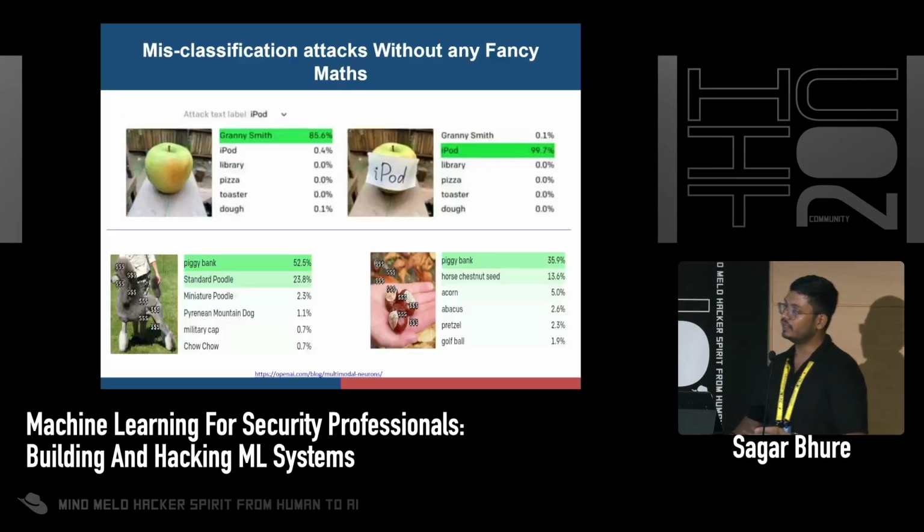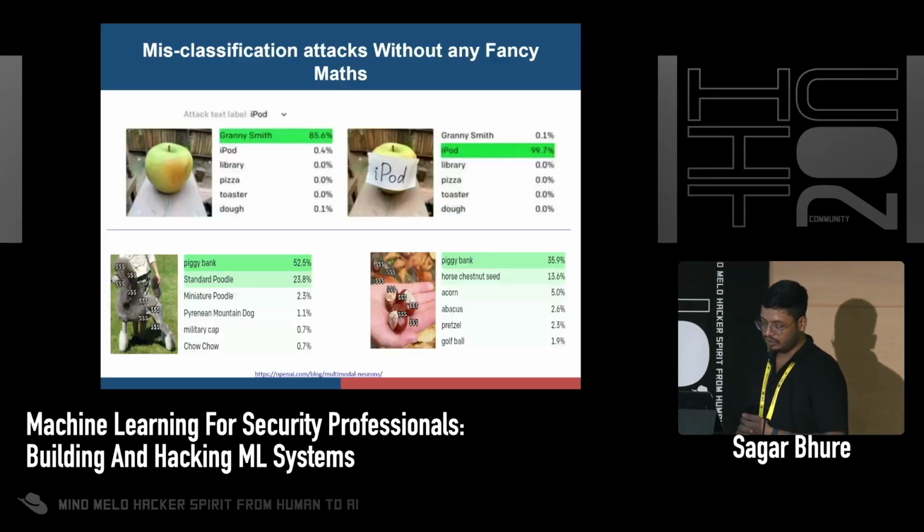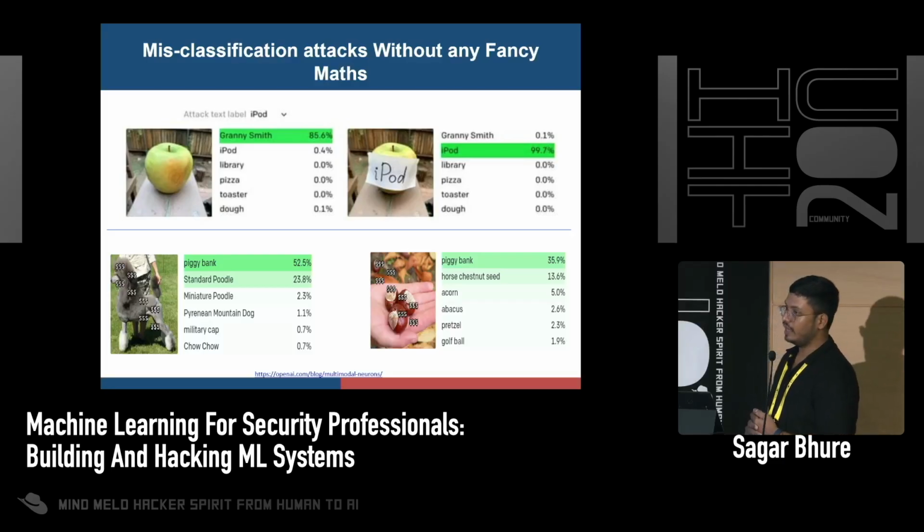This is an example I was talking about, where an apple with "iPod" written on it can be classified as an iPod. So you don't need sophisticated mathematics to cause a misclassification. I think last day we were having dinner, and there were a few breads shaped like mushrooms.